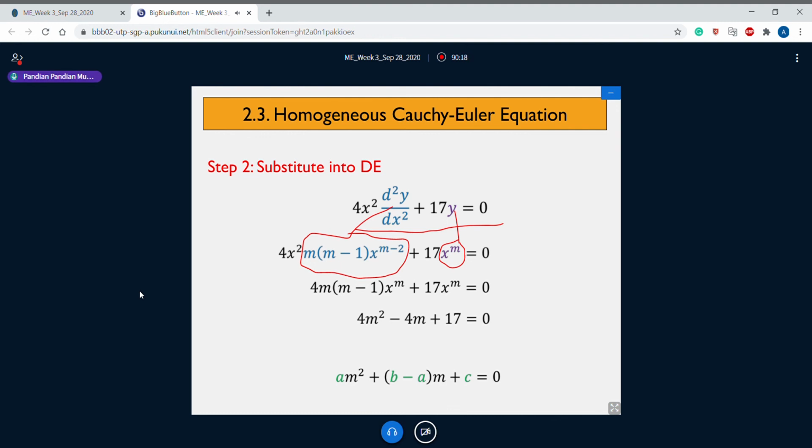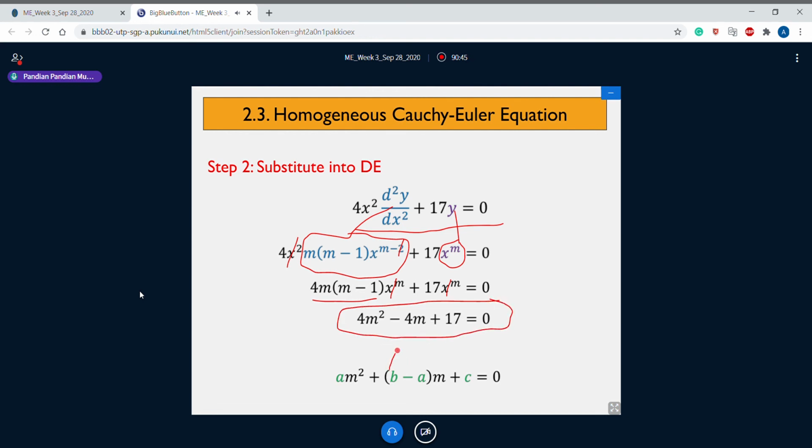So this one, 4m times (m minus 1), because this x squared cancels off, and you have 17 x to the m equals 0. This x to the m you can factorize. So 4m squared minus 4m plus 17 equals 0. This is the auxiliary equation.